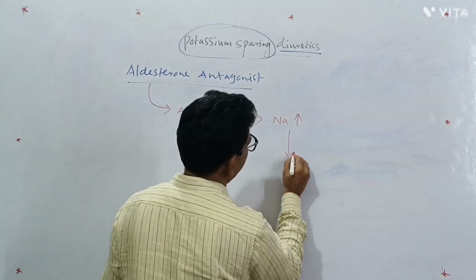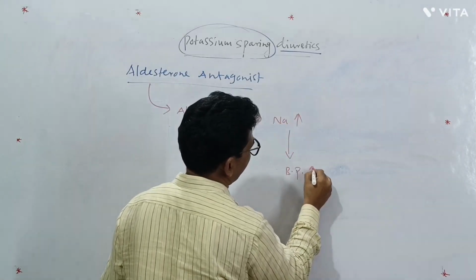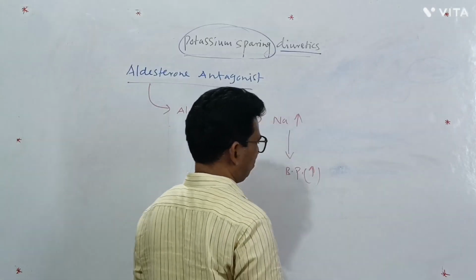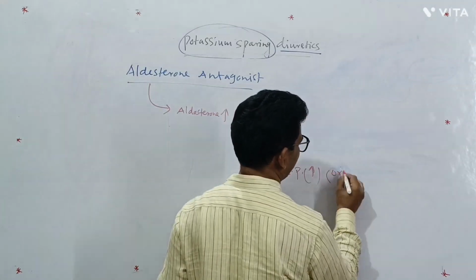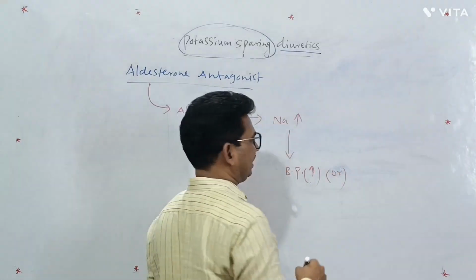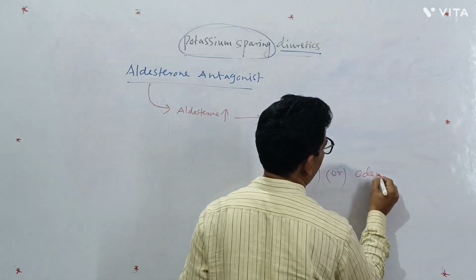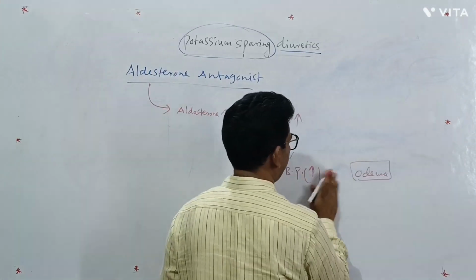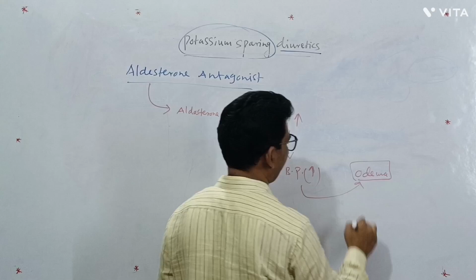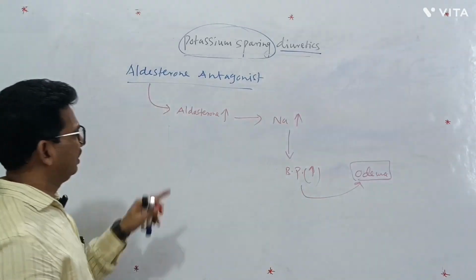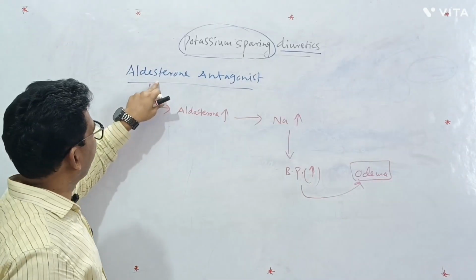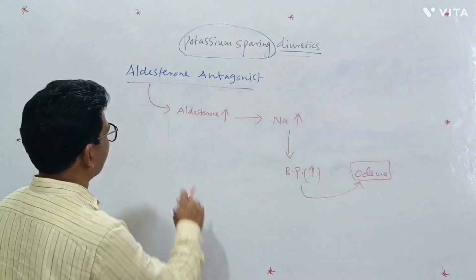When sodium increases, blood pressure increases, and it also produces the symptoms of oedema. BP is responsible for the oedema. That's why we have to use an aldosterone antagonist.